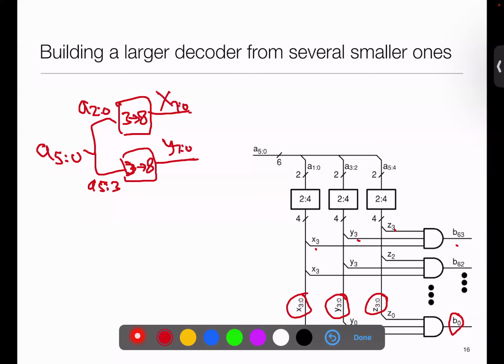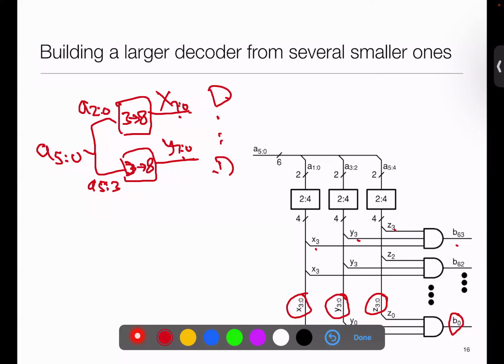And then I can combine these things using AND gates, right? And there will be 8 times 8, 64 possibilities, right? So x0 and y0, ANDing them together, will give me b0, and combining x7 and y7 will give me b63, and everything in between.